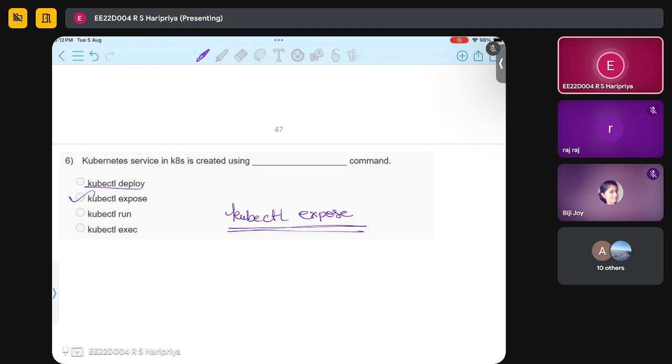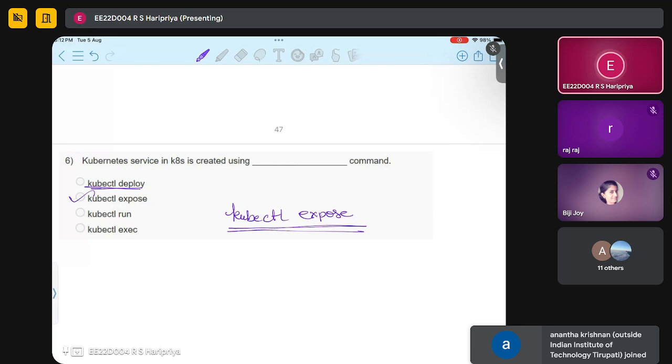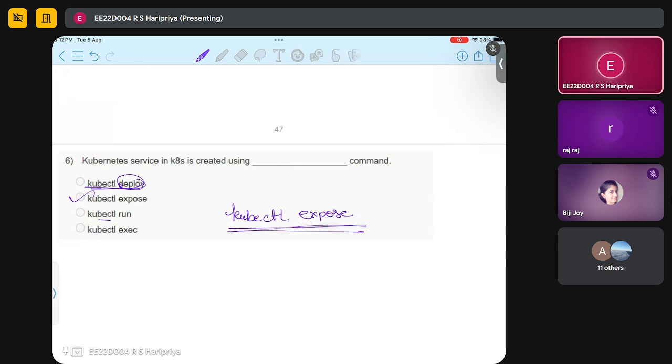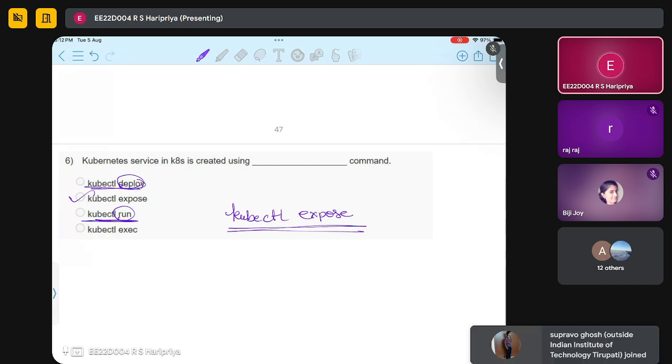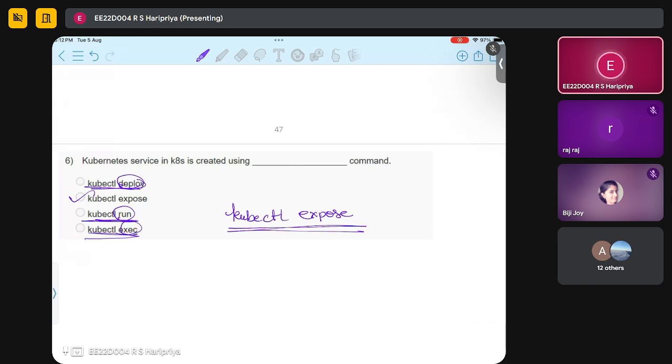Whereas deploy is not a valid command. Run is used to create a new pod or a deployment, but not specifically for a service. And exec is used to execute commands inside a running container.